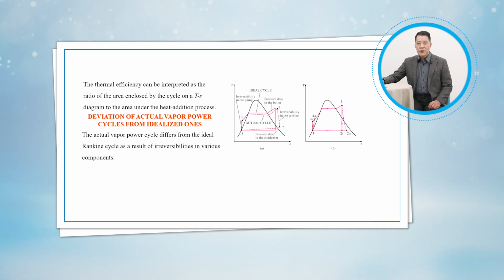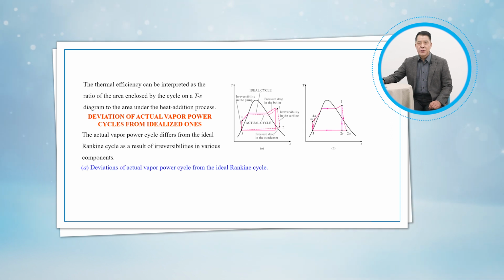Now, let's talk about the deviation of actual vapor cycles from idealized ones. The actual vapor power cycle differs from the ideal Rankine cycle as a result of irreversibilities in various components.